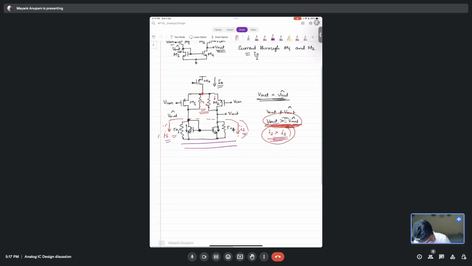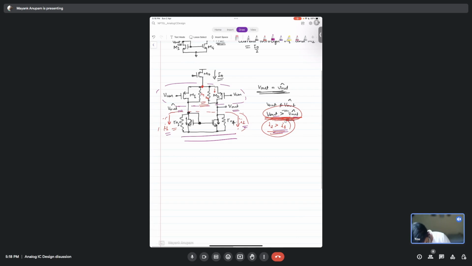Now let's focus on the top half here. If V out is greater than V out hat, let's say the current flowing through this side is I2 prime, and the current flowing through this side is I1 prime. So tell me, which current should be larger here, I2 prime or I1 prime?